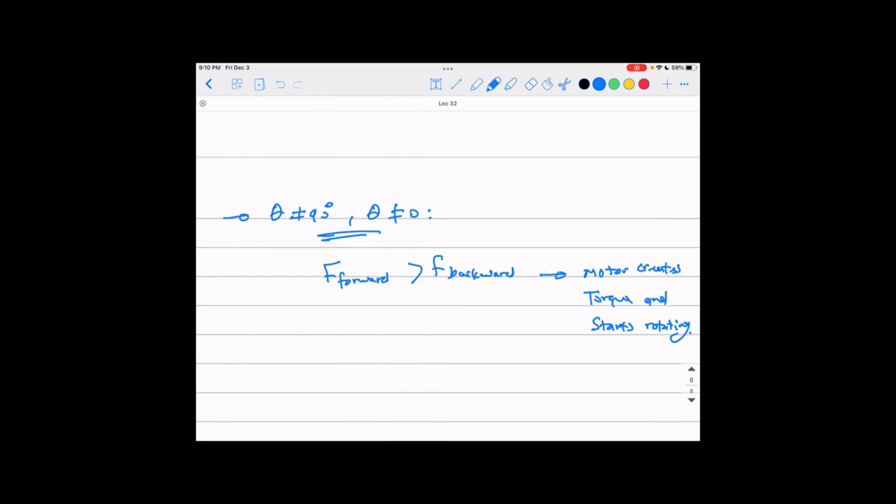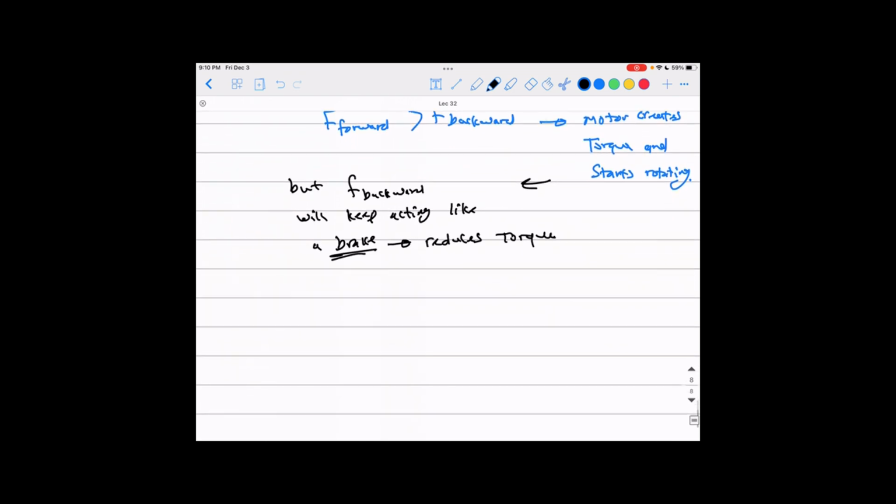Okay, guys? But keep in mind, F backward will keep acting like a brake, and this reduces torque. Okay? All the time we have F forward here, and that is what we need, and we wish that F backward goes away entirely.